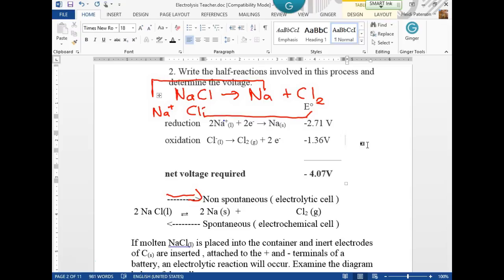You don't need an anode and a cathode for this to happen. So we cannot use a sodium electrode. We cannot use a chlorine electrode. We use what's called an inert carbon electrode. Carbon allows electrons to pass through it, but it doesn't alter the chemical reaction.